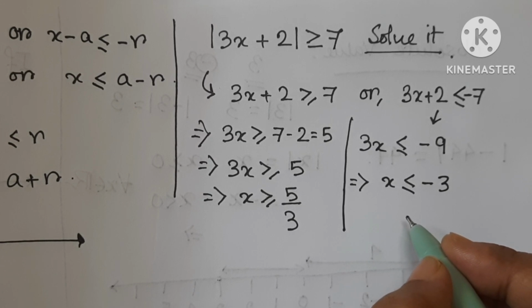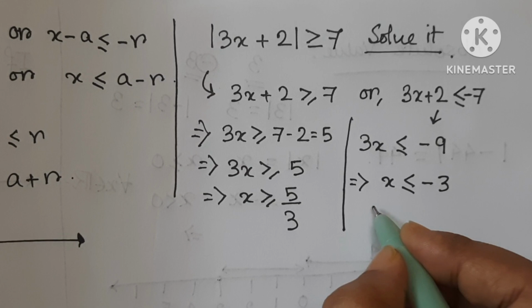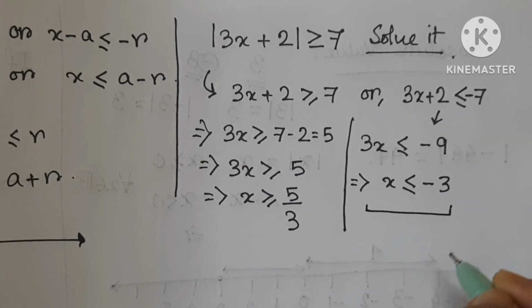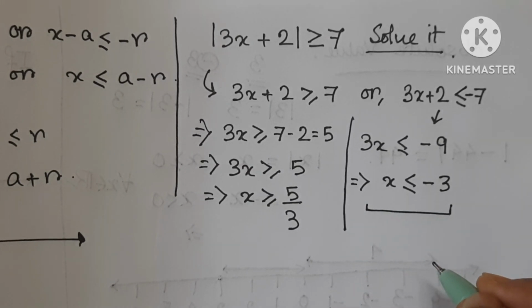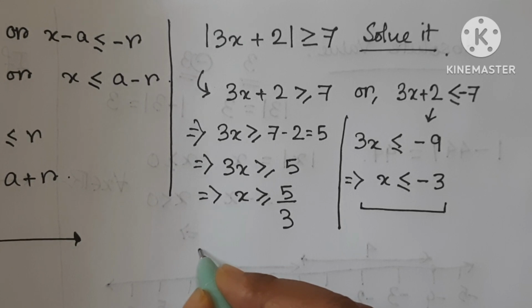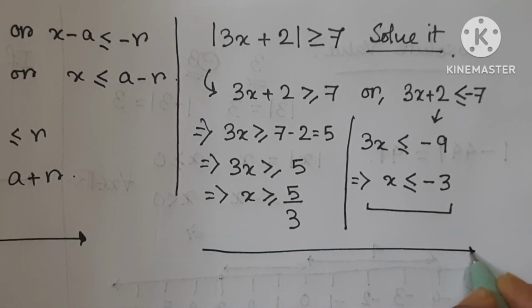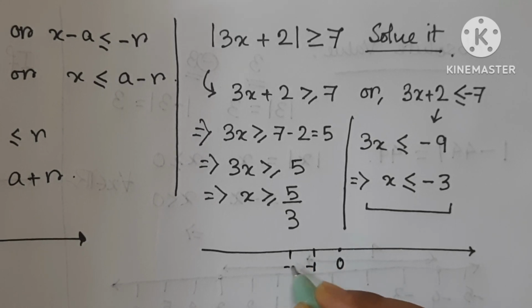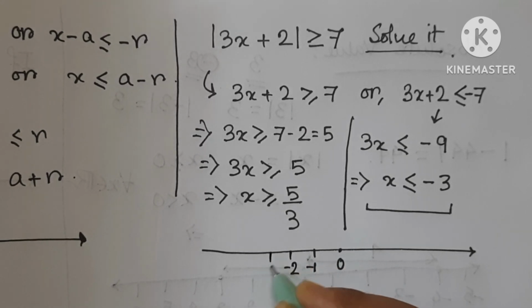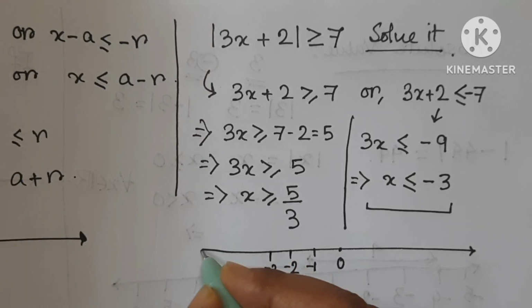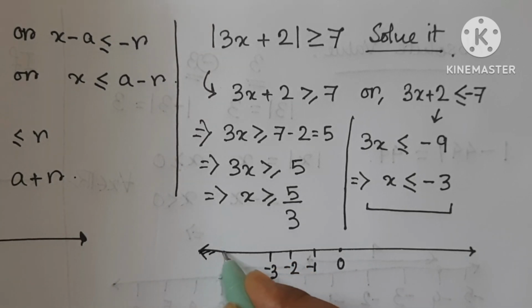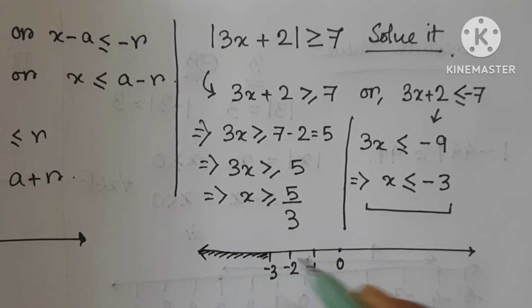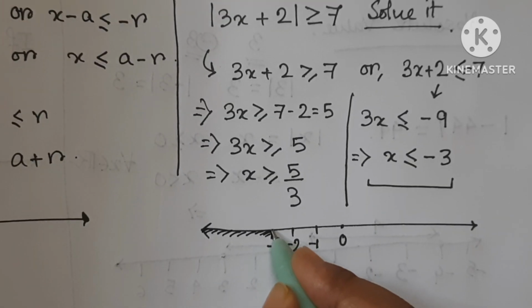Okay, so there are two regions. See, there are two regions. One is less than or equal to minus 3. That means if you draw it like this, 0, minus 1, minus 2, minus 3, then the entire region, this region, will be there.